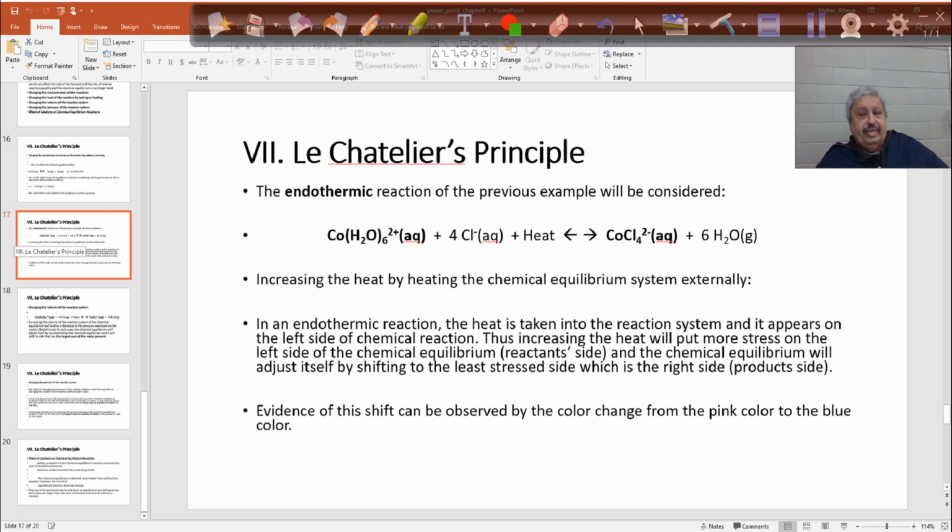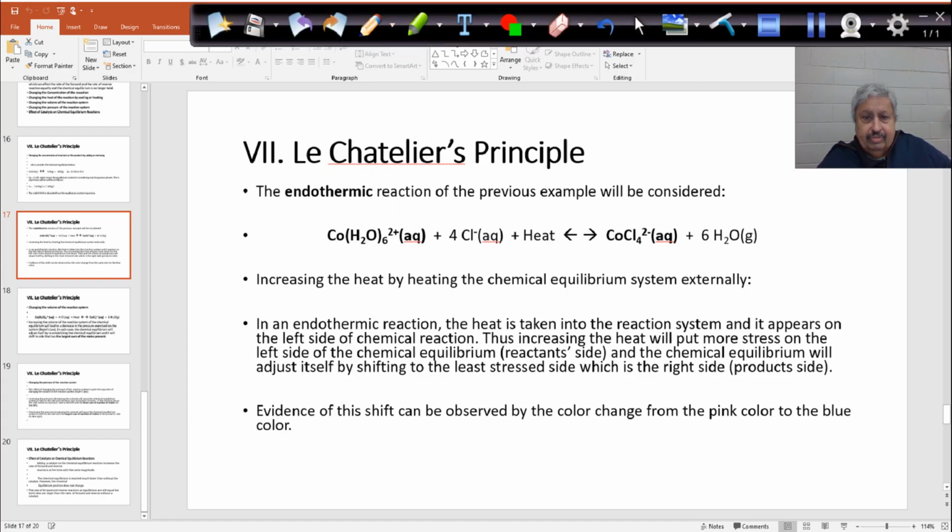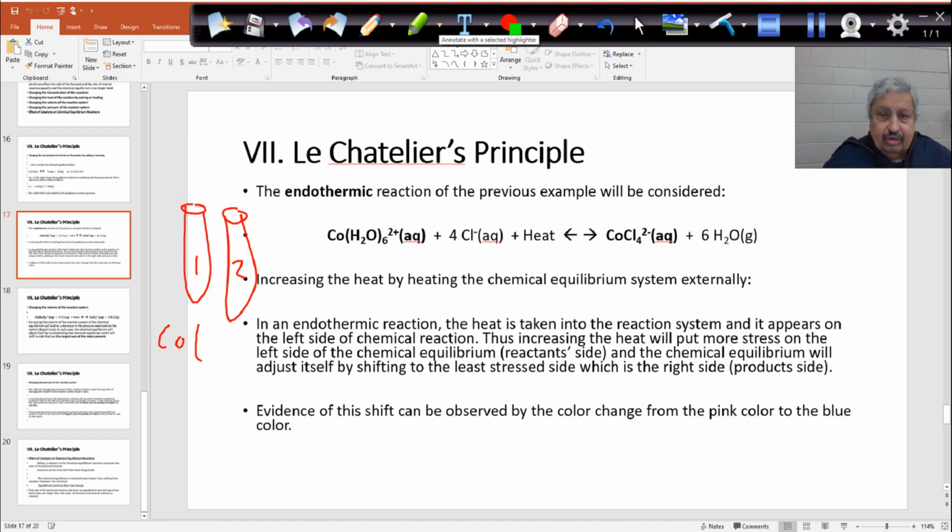Okay. Let's go here and look at this one, when heat is affecting the chemical equilibrium. This reaction, you did it last week, I think, in the lab, and my Monday lab did it this week, Monday. And this is about, remember, the two test tubes you came in with me, 1 and 2, correct? Each test tube has cobalt nitrate, Co(NO3)2.